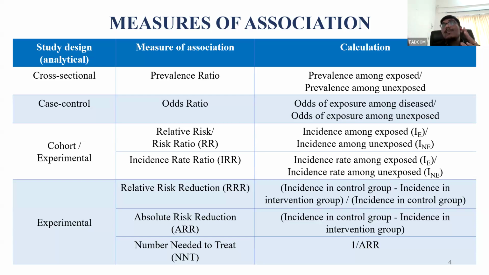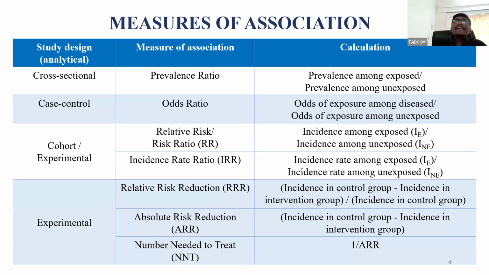We can use the term risk also here if it is a cohort study. So relative risk, if it is 2, means the exposed have 2 times higher risk when compared to non-exposed for developing the disease. This is what the inferences we give.